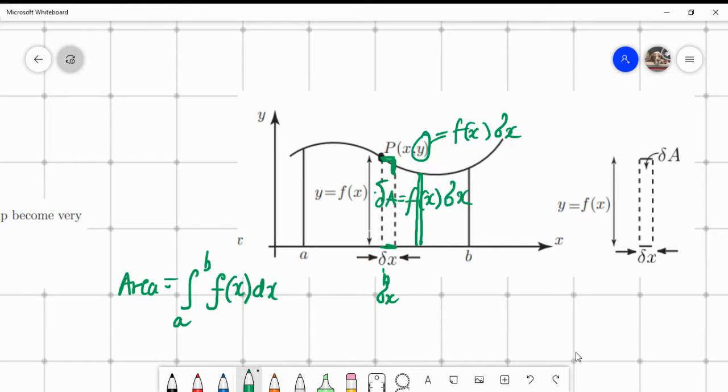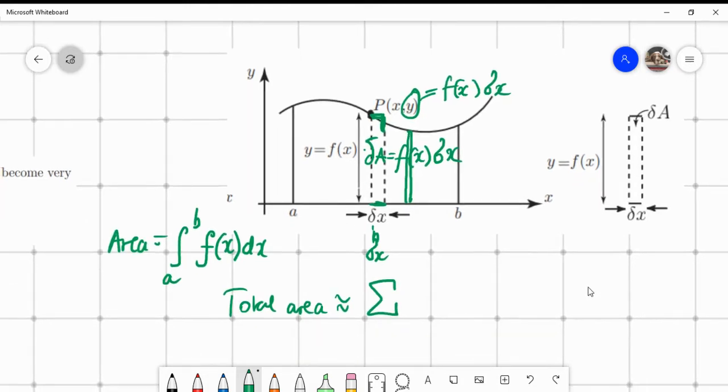If you have lots of them and add them together, overall you get the area under the curve. So the total area is approximately equal to the sum of lots of those strips, starting from a and finishing at b, of lots of y's multiplied by delta x.